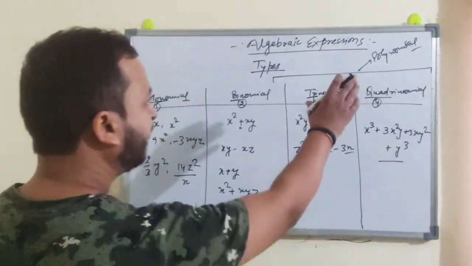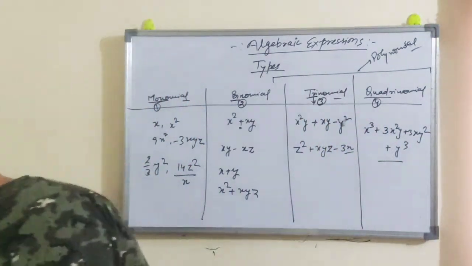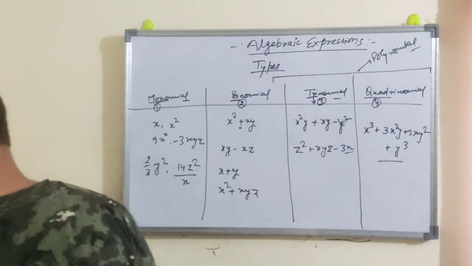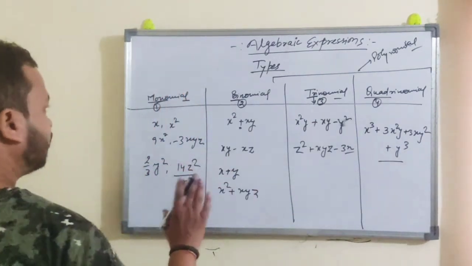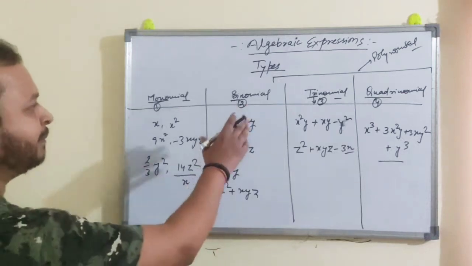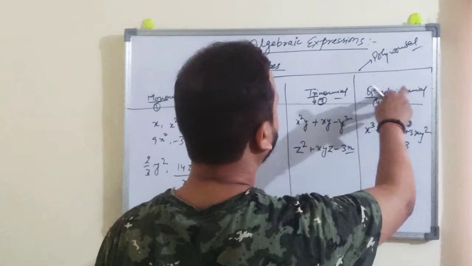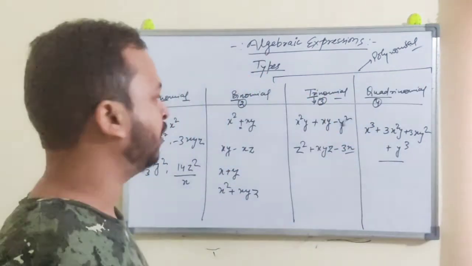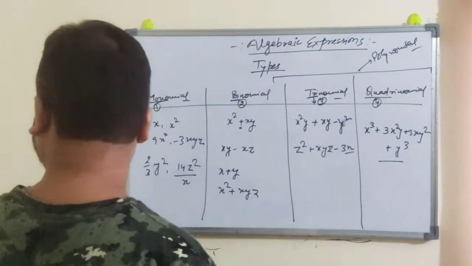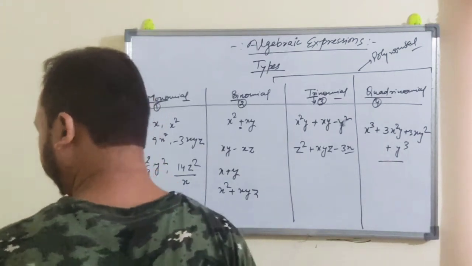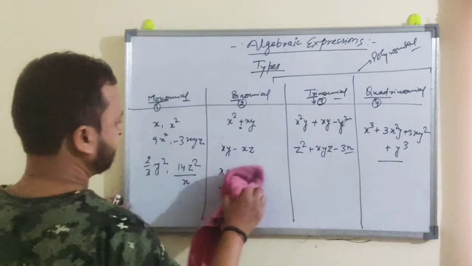They are known as polynomials. Now, understood this part? This is monomial, binomial, trinomial, quadrinomial, and from binomial to quadrinomial, they are known as polynomials. So, now come to the next 2 things, that is factors and coefficients.